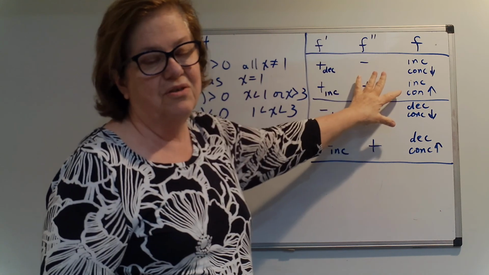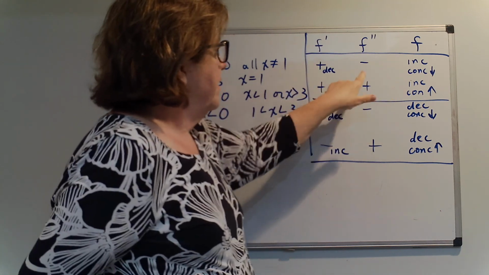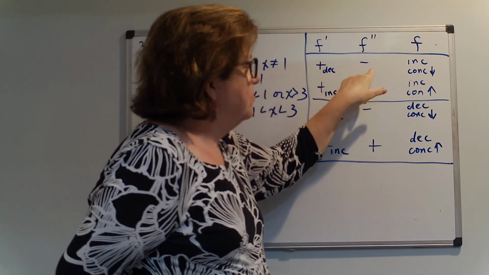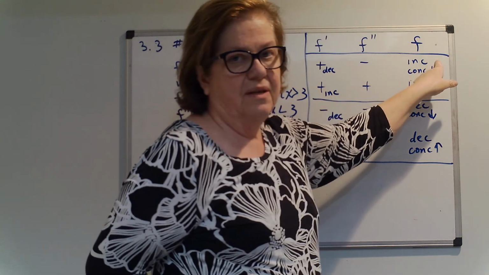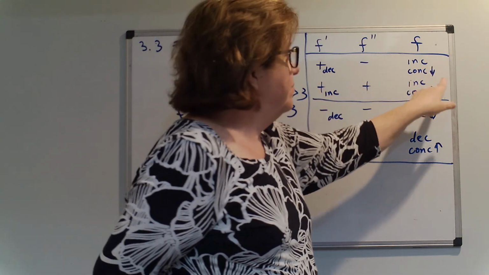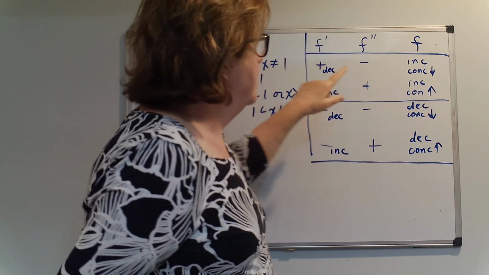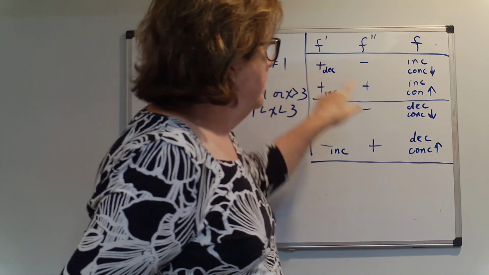This is the information you have to know. If the first derivative is positive and the second derivative is negative, the function is increasing and concave down. Concave down because the second derivative is negative, increasing because the first derivative is positive.